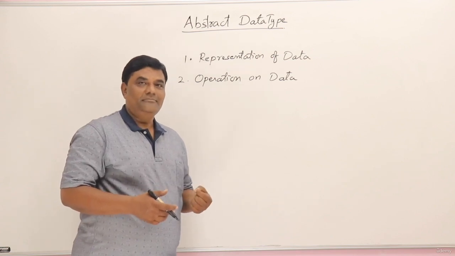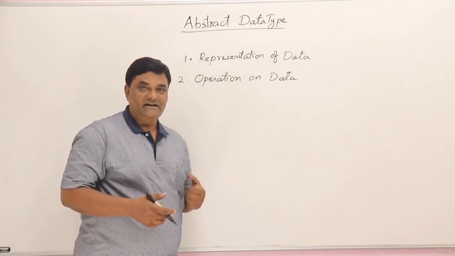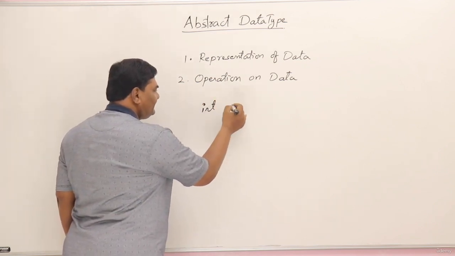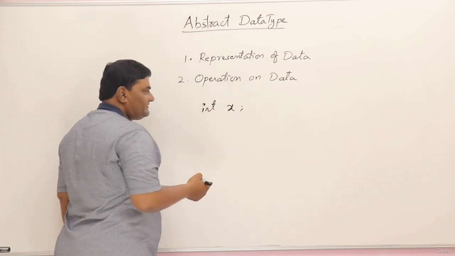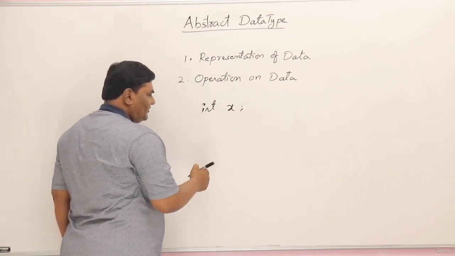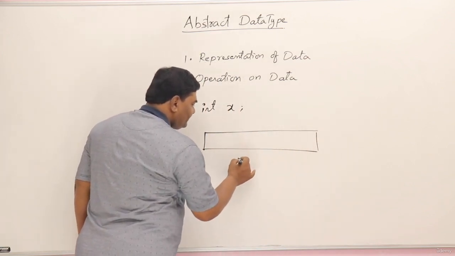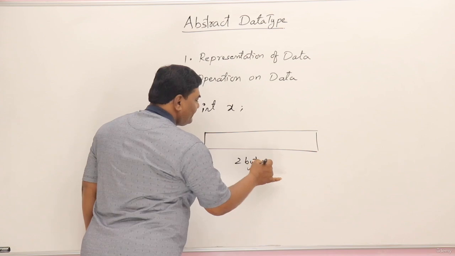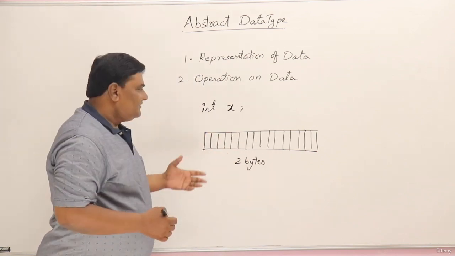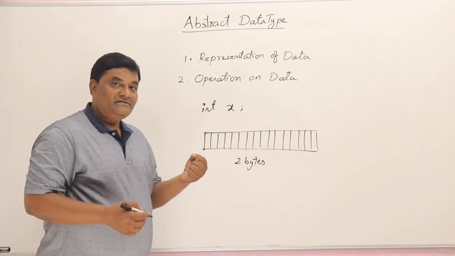If I take an example of an integer data type in C, C++ languages, and assume that integer data type takes 2 bytes, then once I declare any variable of type integer, we get memory of 2 bytes. That is 16 bits. So integer type data is stored in 2 bytes together as a single value.